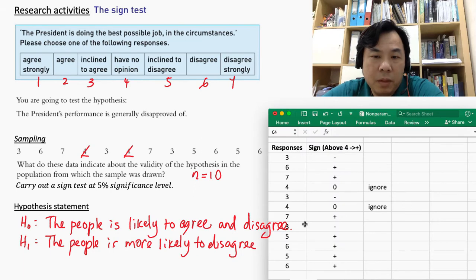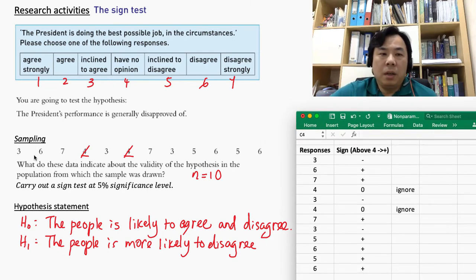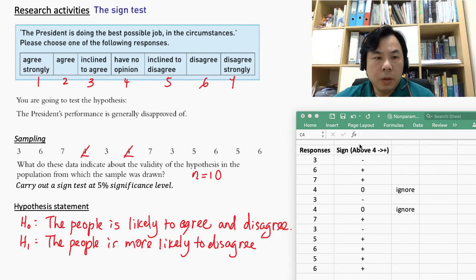put a sign. That's the main reason why this test is called a sign test. We can put a sign onto all the responses. You can see that the plus sign and the negative sign have been placed for all the responses here, and the negative signifies any response that is below 4.